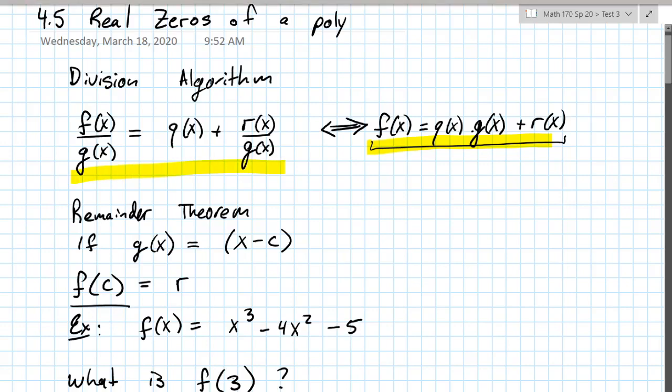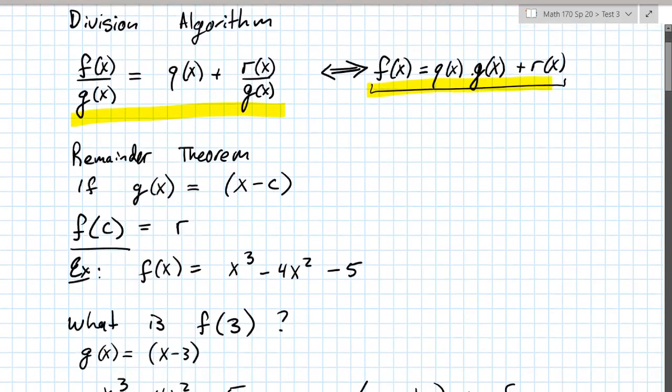The reason this is important is to help us factor, and on our way to factoring we look at the remainder theorem. The remainder theorem says if the g of x part is a linear x minus c, then if we evaluate the function at c, we're left with the remainder part.